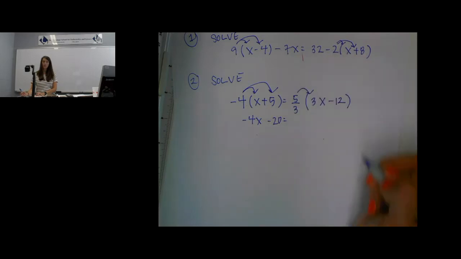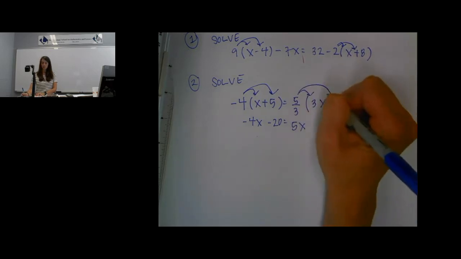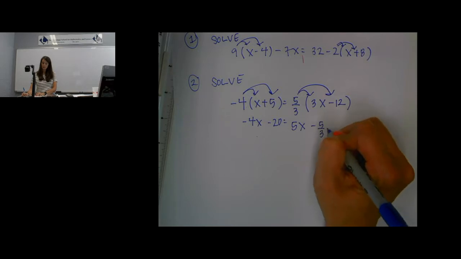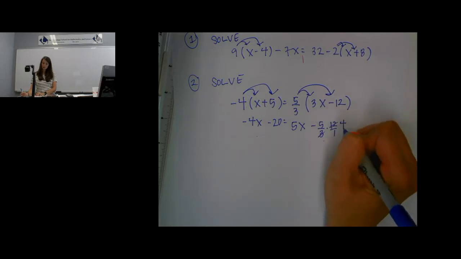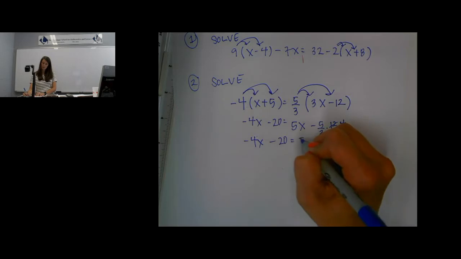Okay, when you multiply here, you're going to say 5/3 times 3x. So that is going to be 5x. And here you're going to have 5/3 times 12. And that is 12 over 1. So 3 goes into 12 4 times. So 4 times 5 is negative 20.